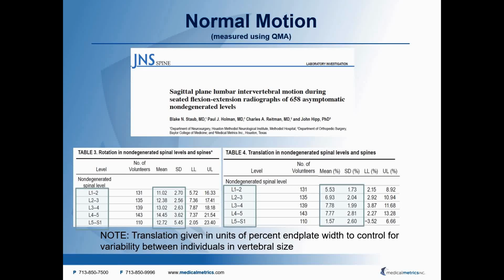There are significant differences in motion between levels, so it is necessary to define normal in a level-specific manner. For example, data for L2, L3 should not be used to define normal for L4, L5. Note that the translation measurements are expressed as a % of end plate width. That accounts for the variability in vertebral size between individuals.